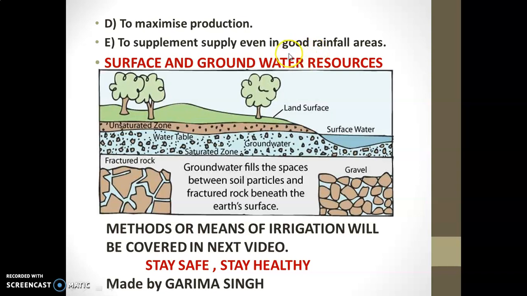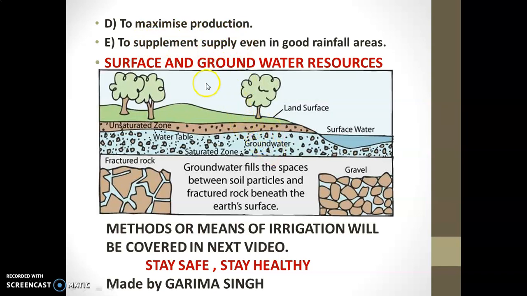So we need supplementary, meaning extra, water resources, in terms of different means of irrigation like wells, canals, tube wells, etc. Rice requires a large amount of water, and if in some states we are growing rice 3 times in a year, good rainfall alone is not sufficient; we need a better irrigation system also.